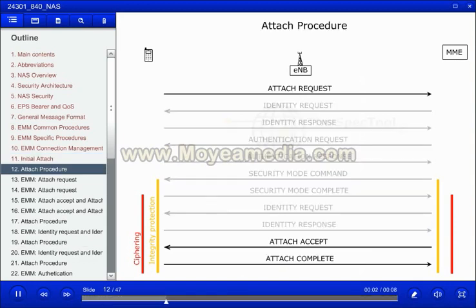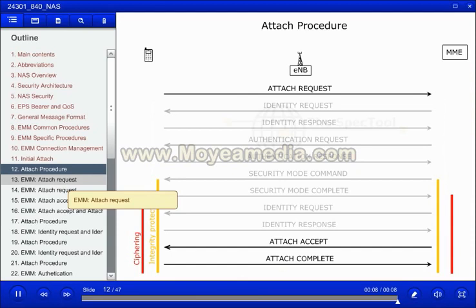Let's start with the attach procedure, including 3 messages: attach request, attach accept, and attach complete. This procedure is an EMM specific procedure and will also carry ESM messages piggybacked.